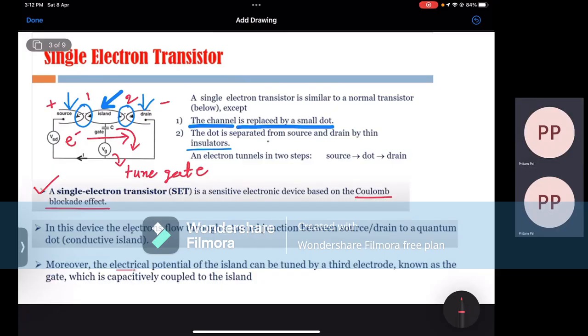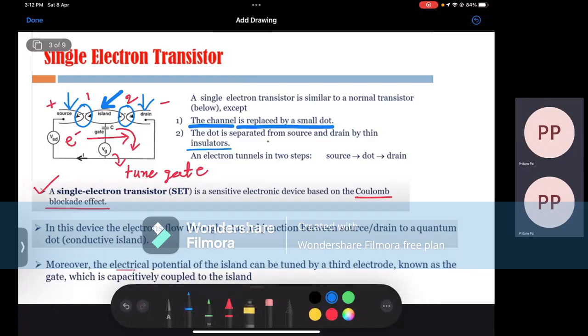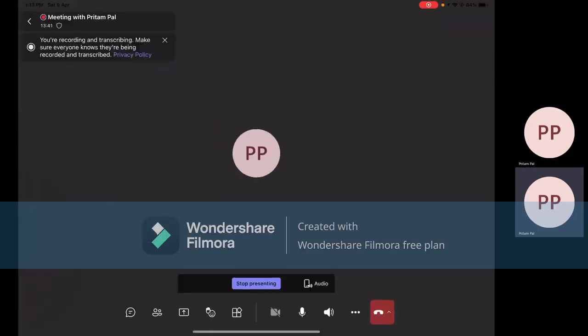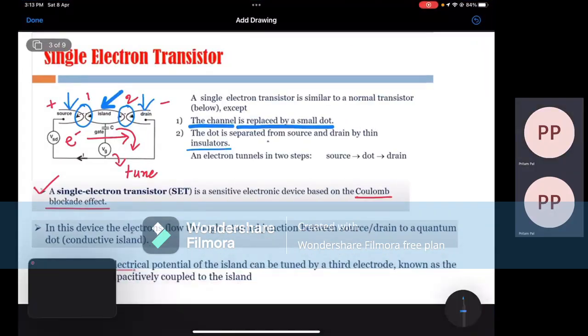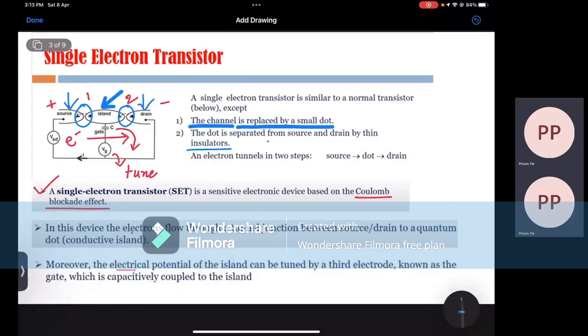That is the third electrode, which tunes the potential barrier.